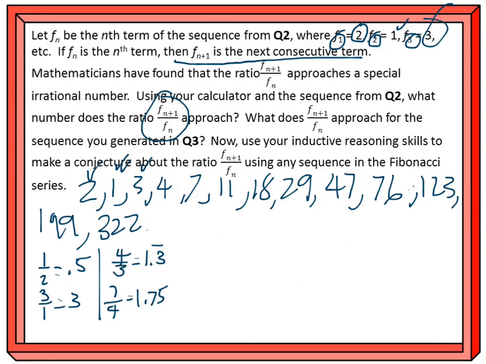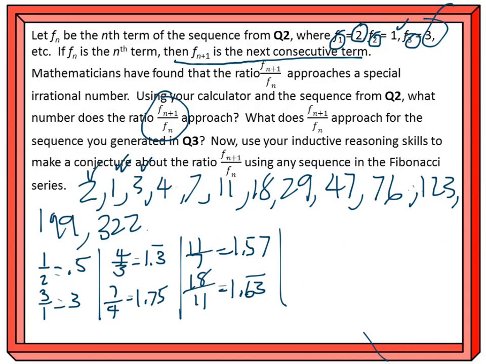and, oh no, this is 1.6, isn't it? It goes in there, no, that's right. And, let's see, what do we got? We got 11 over 7, 1.57, and 18 over 11, 1.63 repeating, and keep on going because this is fun.